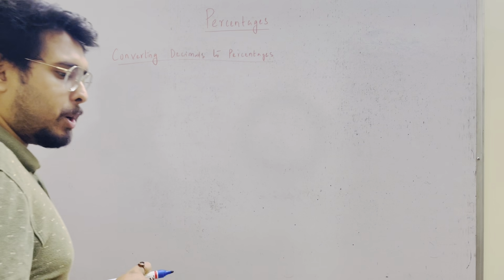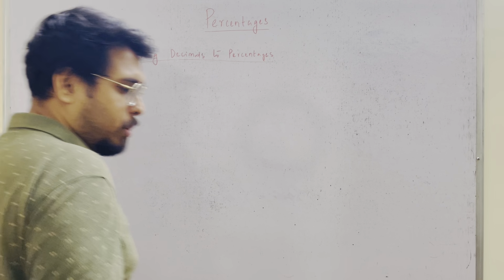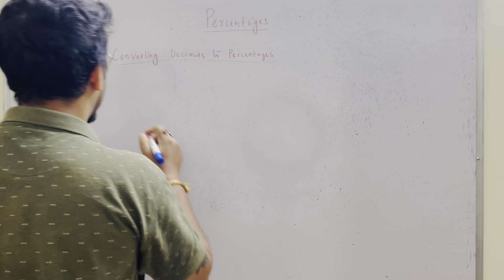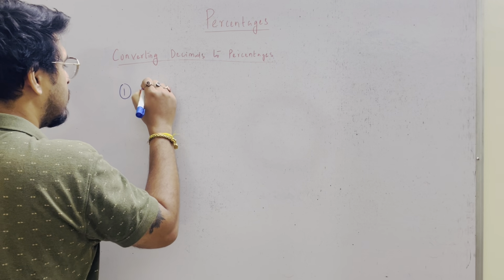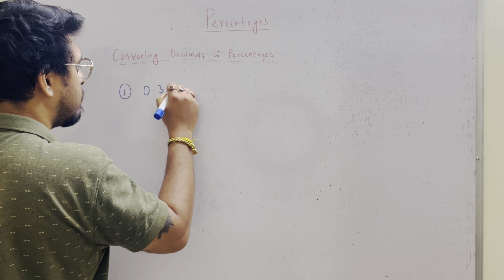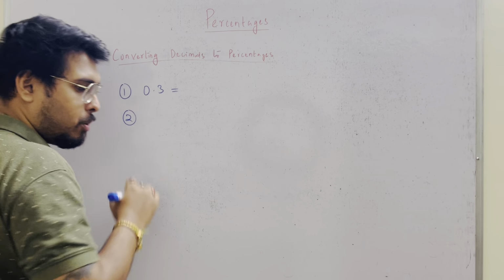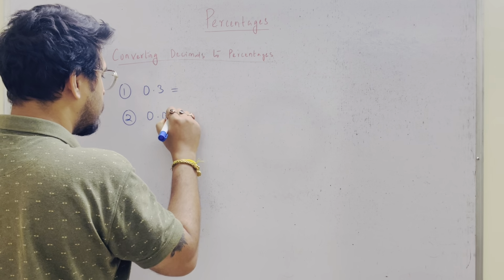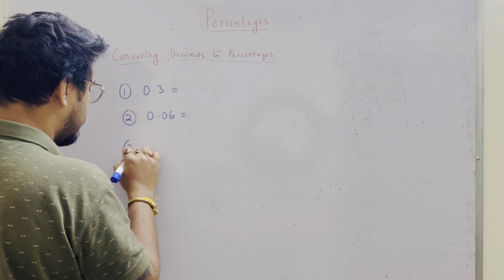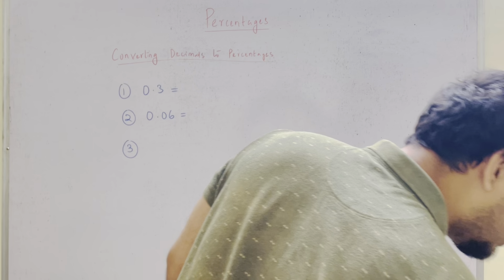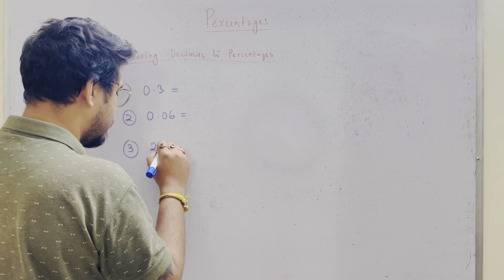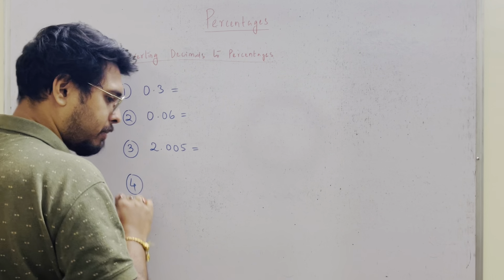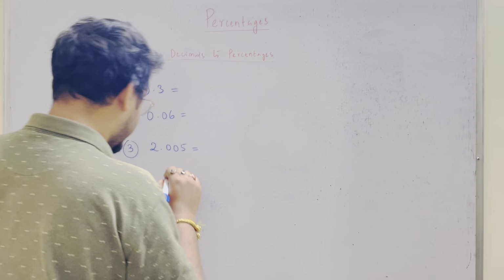Let us take a few questions. First one, 0.3. Second one, 0.06. Third one, 2.005. And fourth one, 3.2.